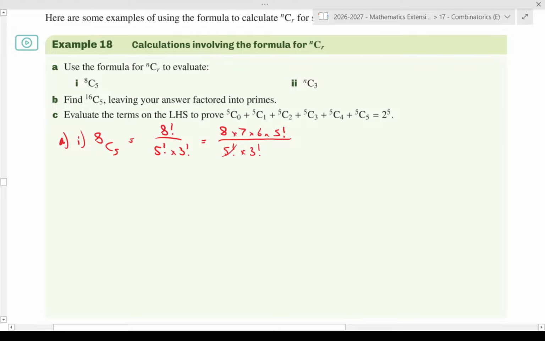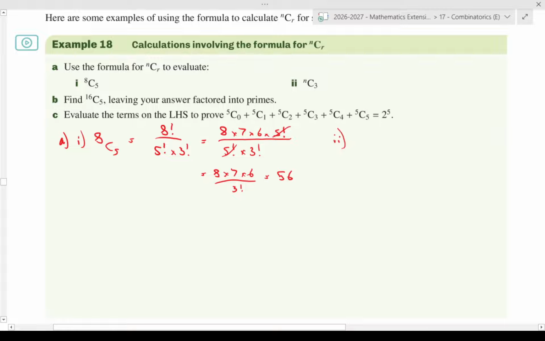And I know that that and that will cancel. So I'm going to be left with 8 times 7 times 6 over 3 factorial. Which means I am going to end up with 56. Whew, there you go. That's that one done.